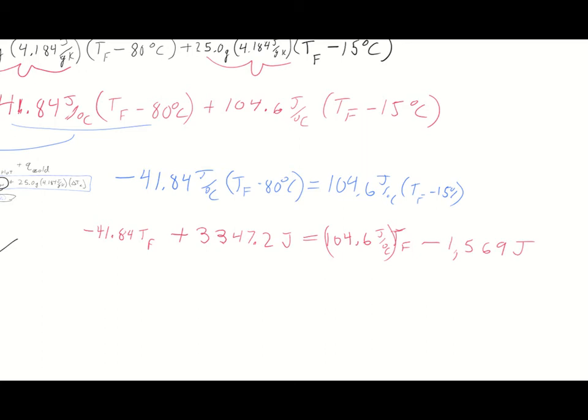Well, I now have two numbers with TFs and two without them, so I'm going to combine them on the like sides here. So 3,347.2 joules plus 1,569 joules. The sign changed because I moved it onto the other side, equals 104.6 TF plus 41.84 TF. Again, I switched sides, so it changed.